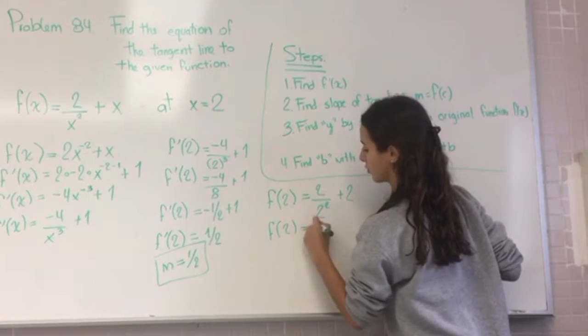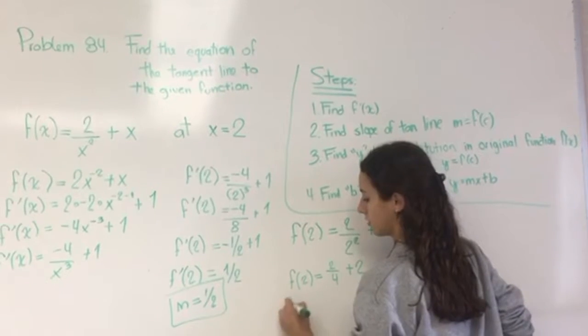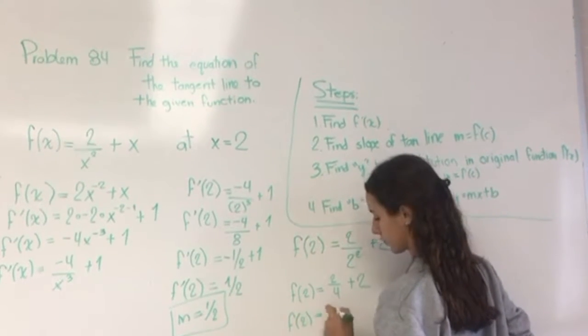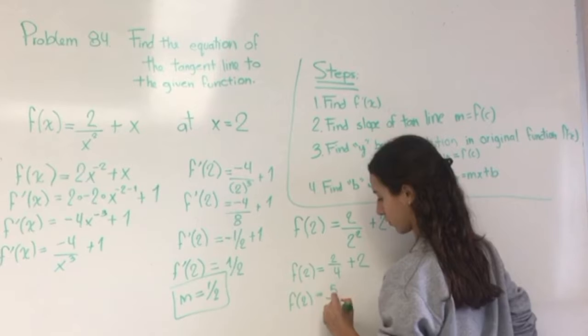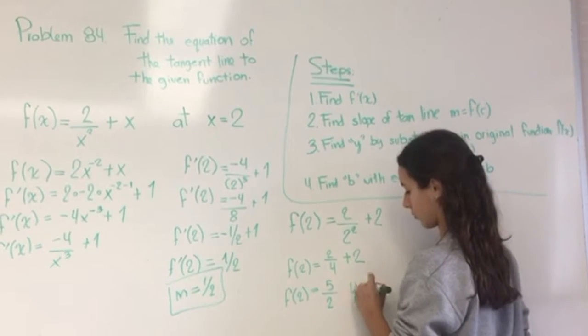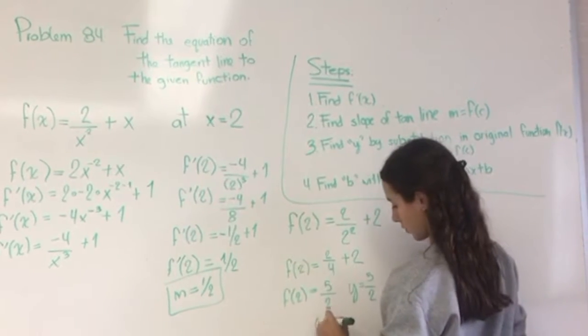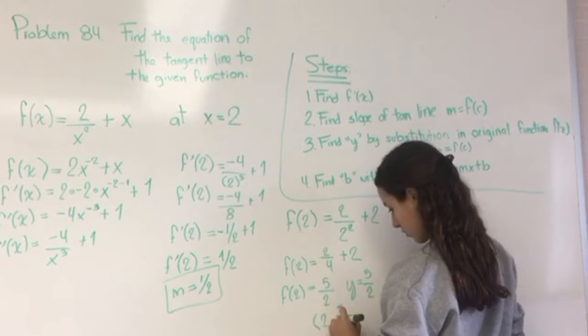If you simplify, that will be 5/2. So your y will be 5/2. If we write the coordinates, it will be (2, 5/2).